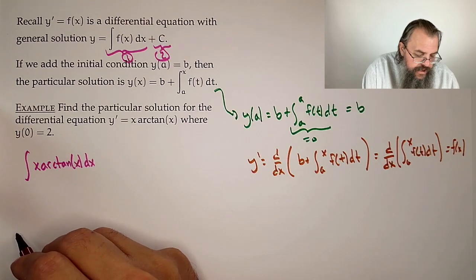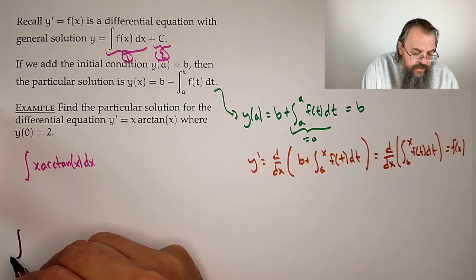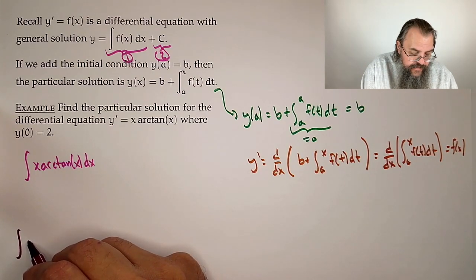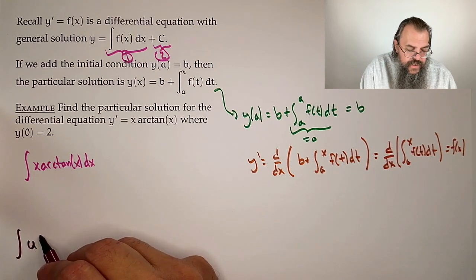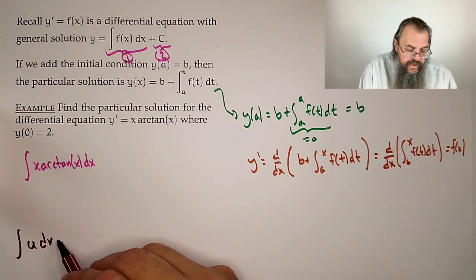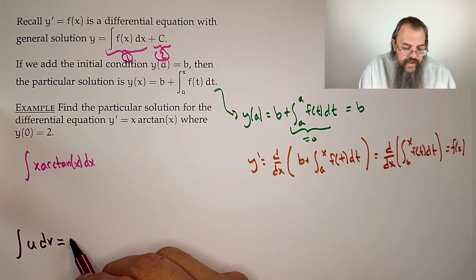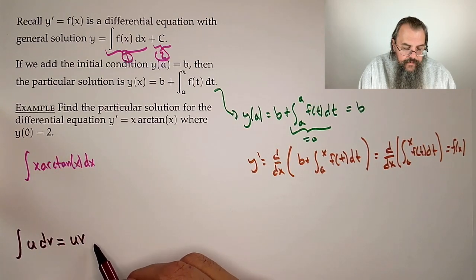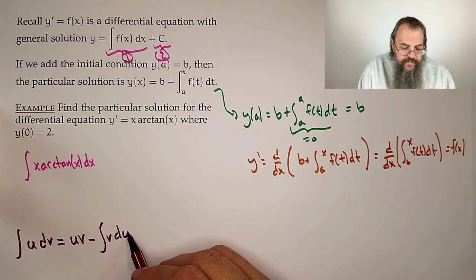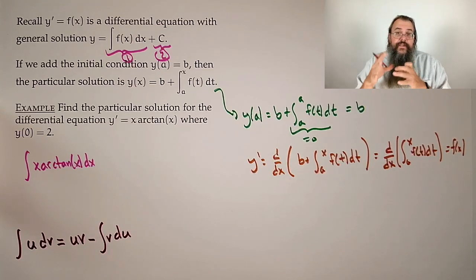Integration by parts is wonderfully set up when you have two things multiplying together. It says if I have a function u multiplying a derivative of a function v, so integral of u dv, this is the same as taking u times the function v and subtracting the integral of v times the derivative of u. So that's integration by parts.